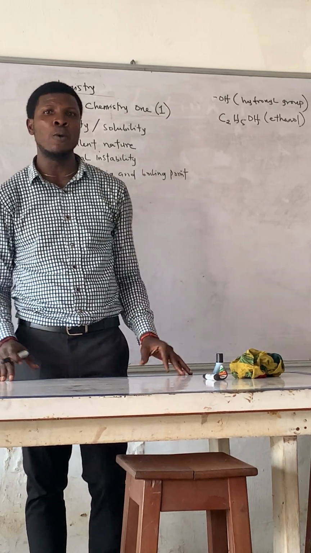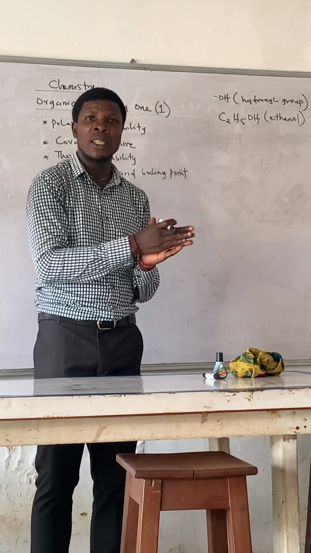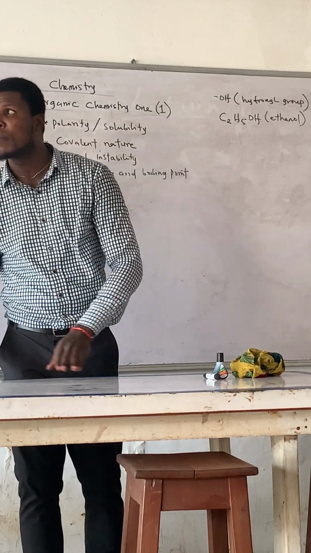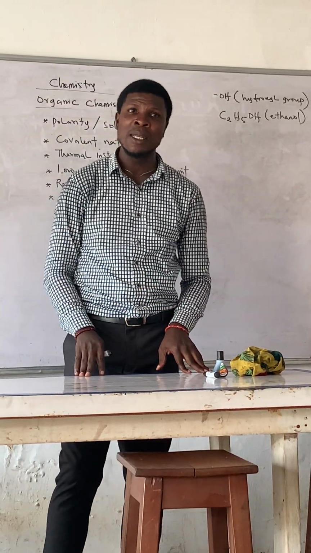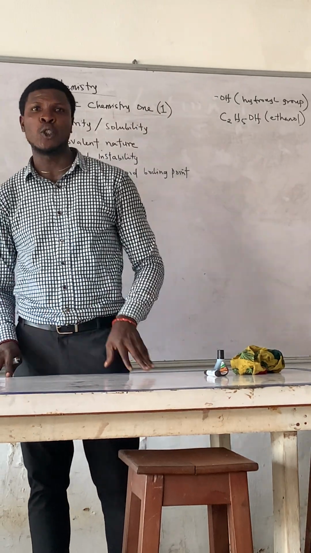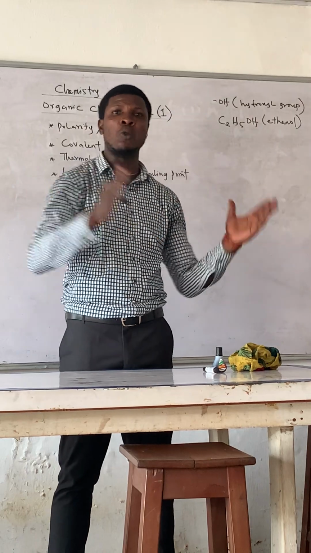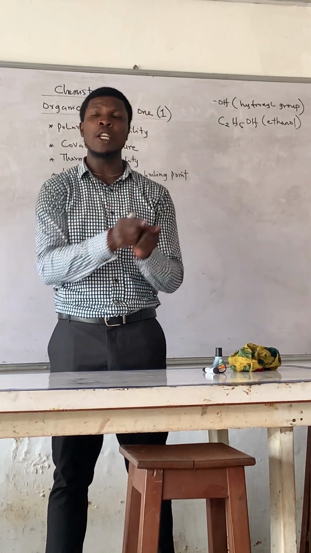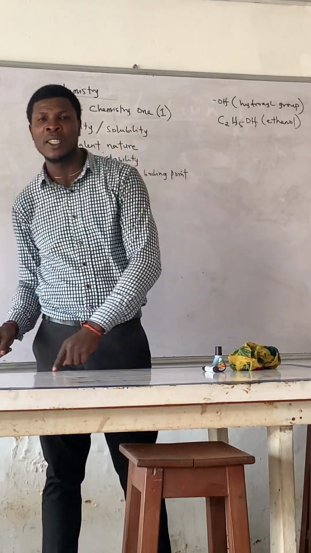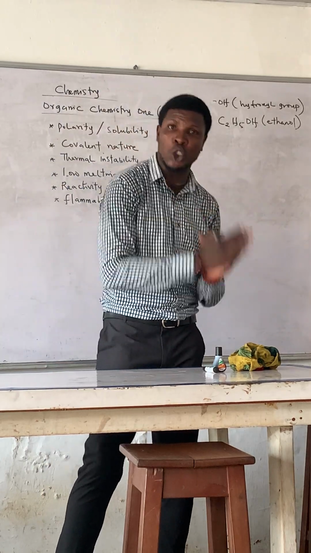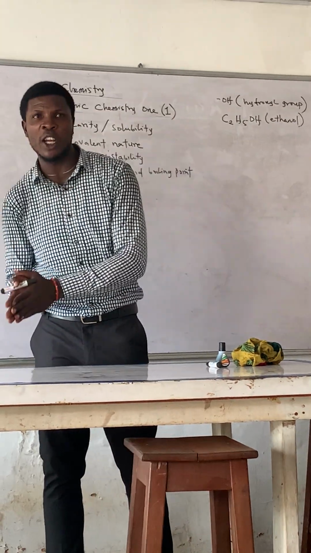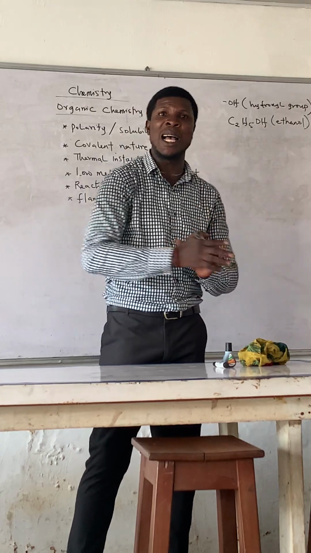A polar compound can only dissolve in a polar solvent, and a non-polar compound can only dissolve in a non-polar solvent. When we are talking about polar to polar, we are using ethanol and water, for example. But when we talk about a non-polar compound and a non-polar solvent, we are talking about a mixture of petrol and oil, or probably petrol and kerosene.